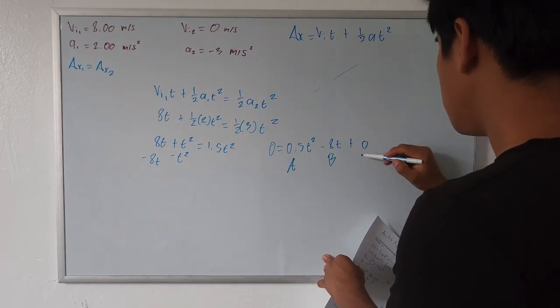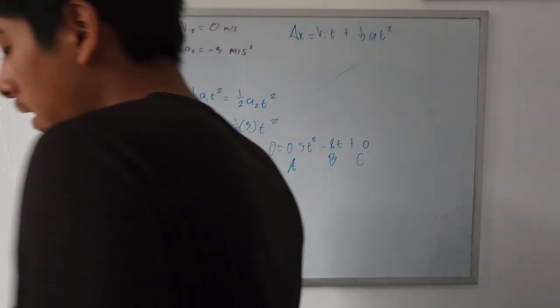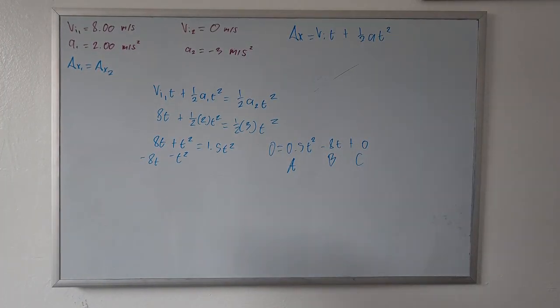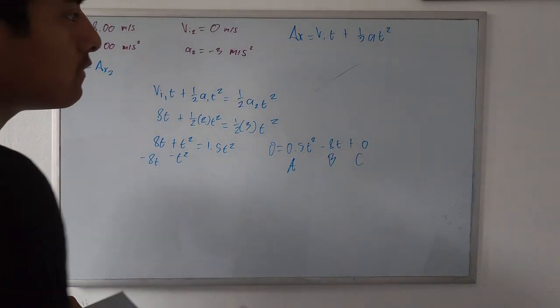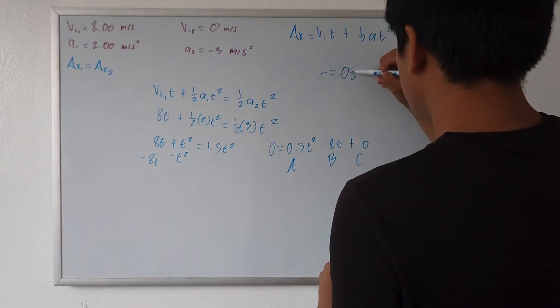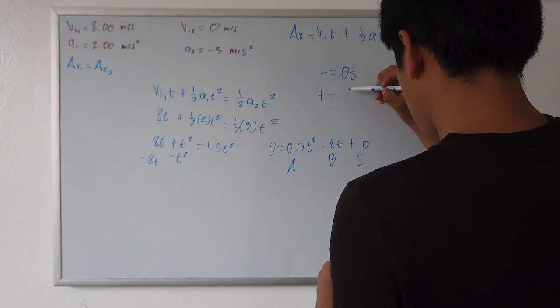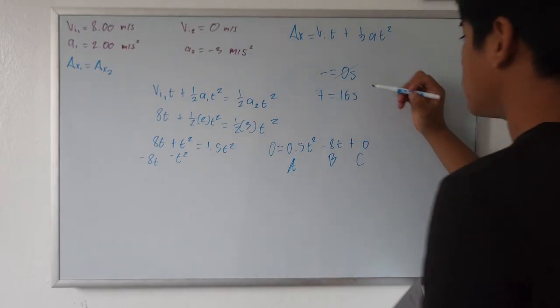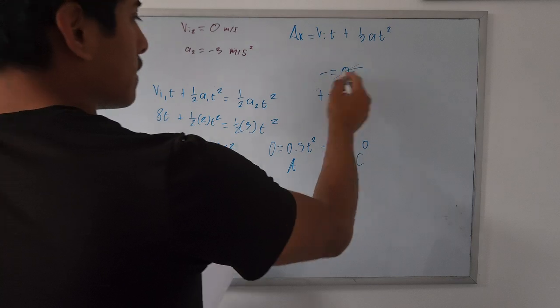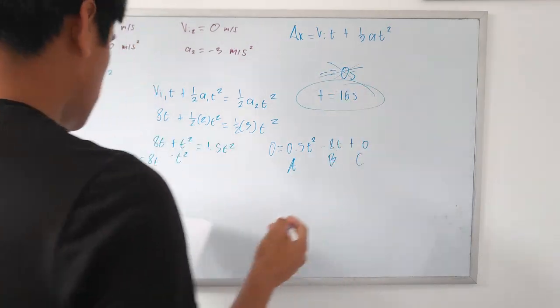That's your A, that's your B, and that's your C. Now we plug this into the quadratic equation. When you use negative b minus, you're going to end up with 0 seconds, and when you use positive, you're going to end up with 16 seconds. True, but it says other than t equals 0, so we're going to cancel this one out. Then we're just left with 16 seconds.